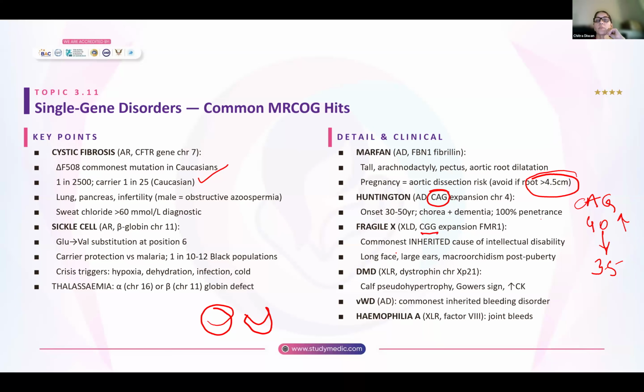It is the commonest inherited cause of intellectual disability. The important point to remember is that it is the commonest inherited cause of intellectual disability. Other features that are there: long face, large ears, and macroorchidism post-puberty. This is not there at birth. After puberty, you will see macroorchidism.